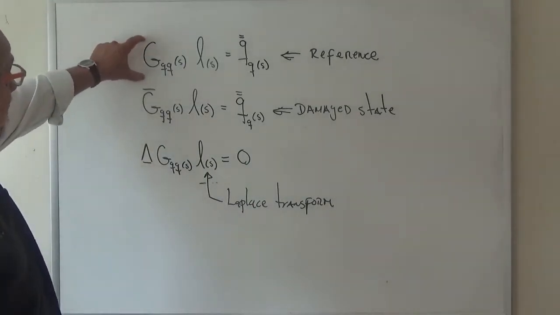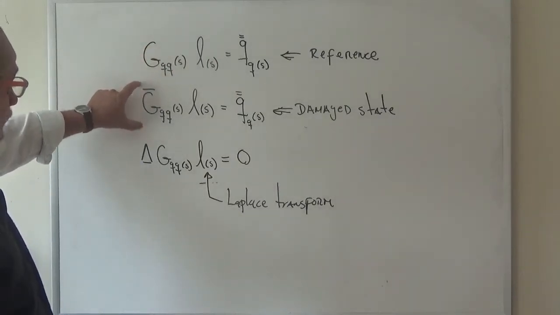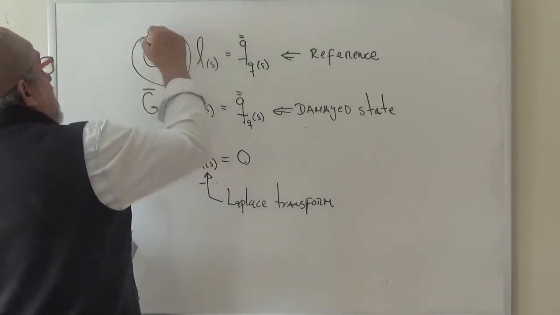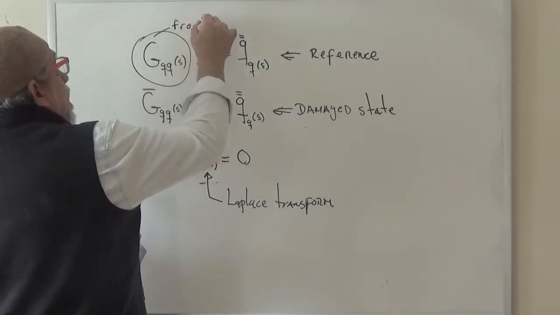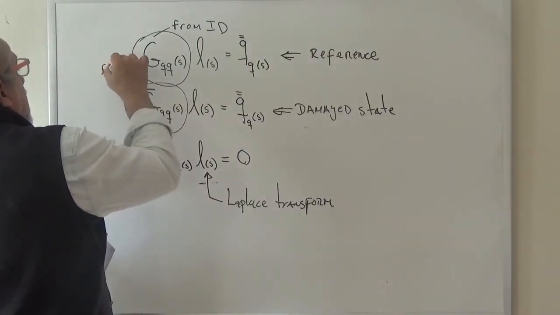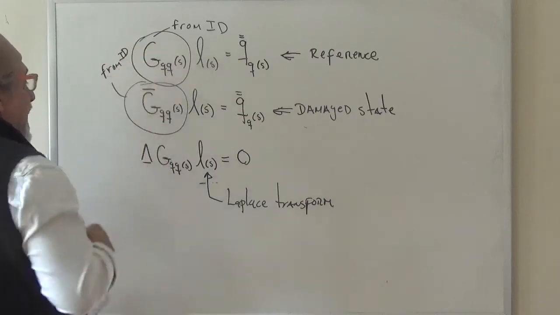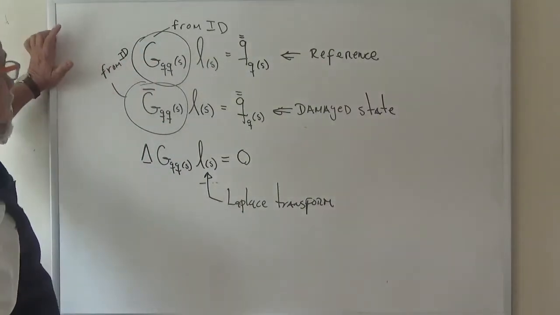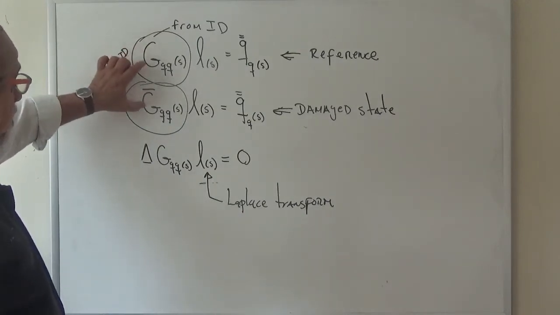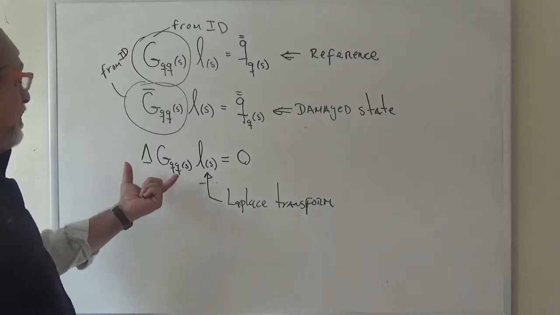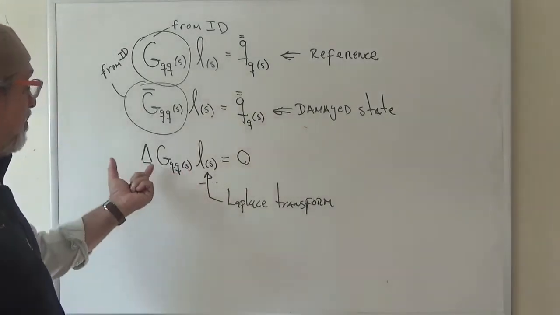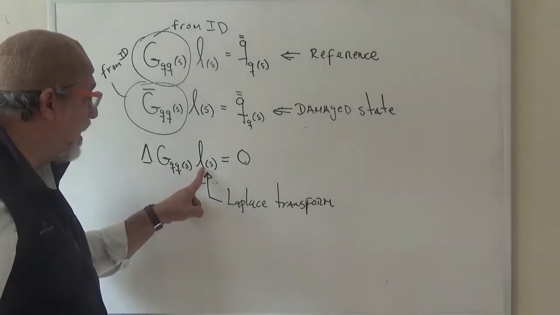So we know how to get G measured-measured of s and G bar measured-measured of s from system ID. So without knowing anything about the structure whatsoever, just simply from data, we can get these two matrices. We can subtract them and get this one, and by algebraic manipulations, a singular value decomposition, we can find the null space and therefore these vectors.